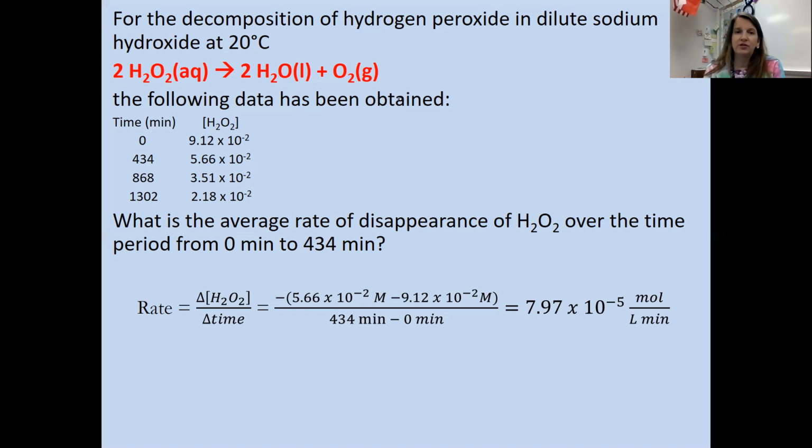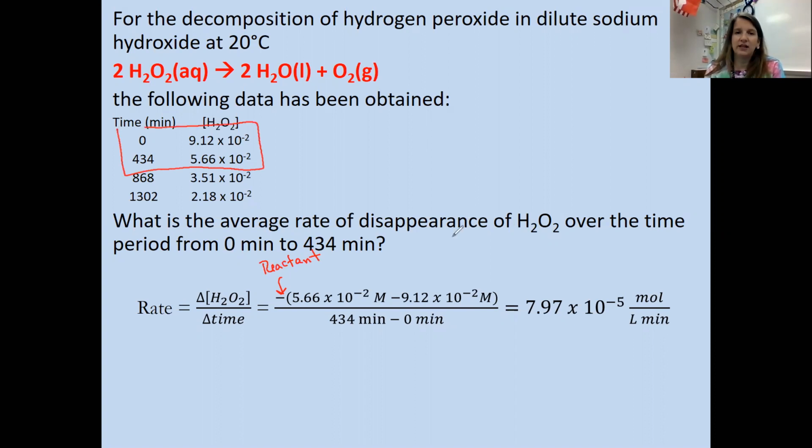434? So again, we're going to have the change in the concentration of H2O2 on the top and the change in time on the bottom. We're going to put this negative sign here because H2O2 is a reactant and it's going to disappear. Okay, so if it's a reactant, we put that negative sign. Now we're talking about the time period from 0 to 434 seconds.